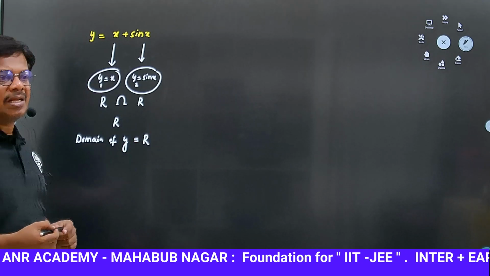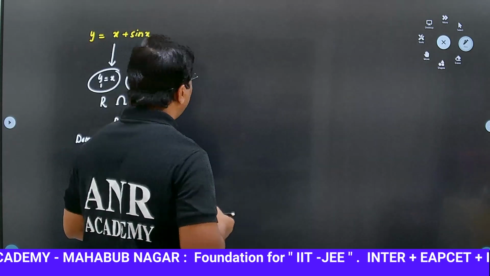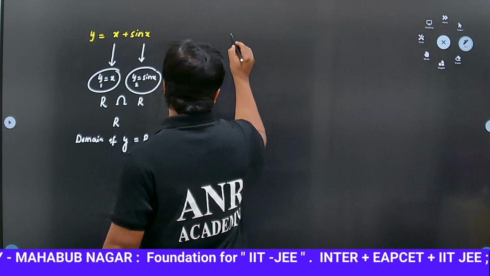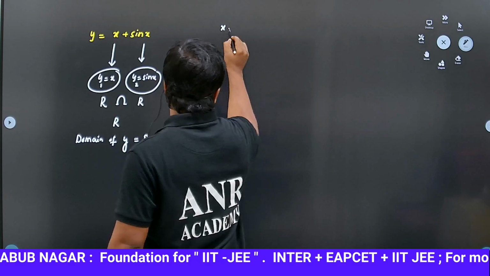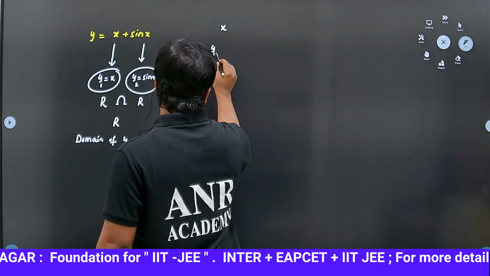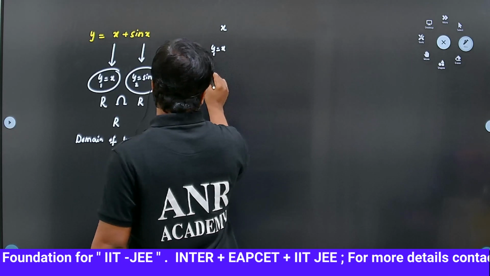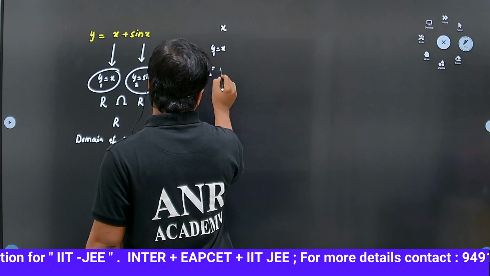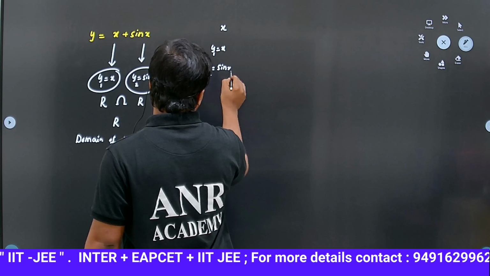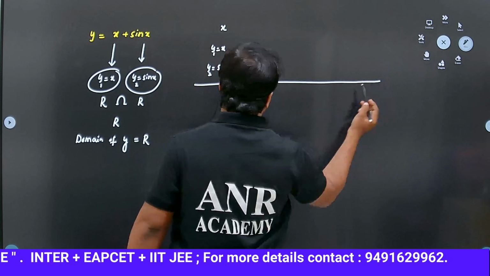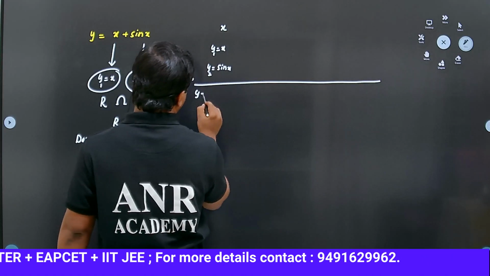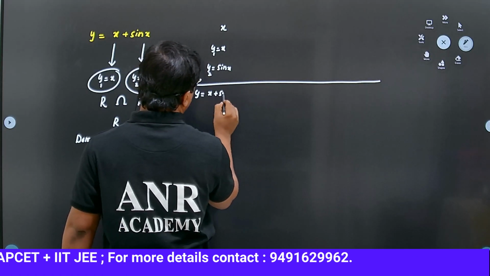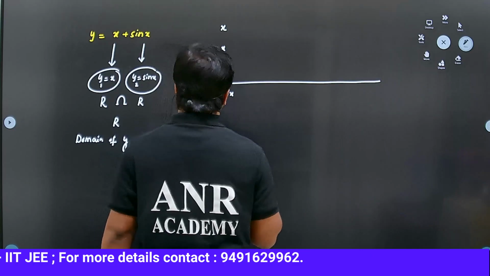On the real line, now I am going to draw the graph of y equal to x plus sin x. Input x to the first one, y1 equal to x, and to the second one, y2 equal to sin x, and then go for the combination of these two. y is the combination of x and sin x.